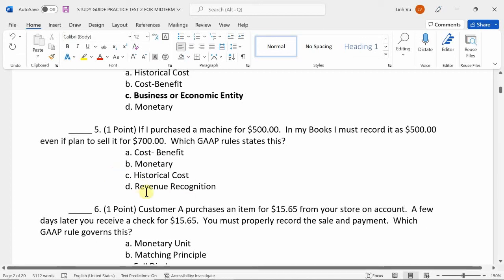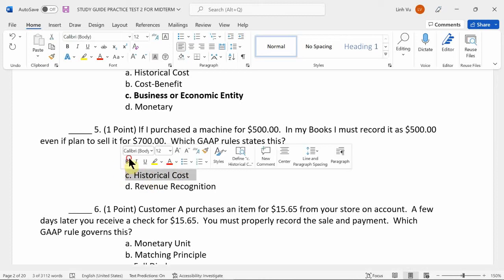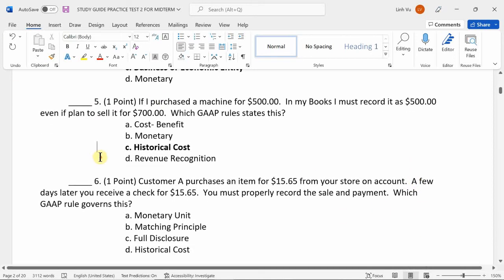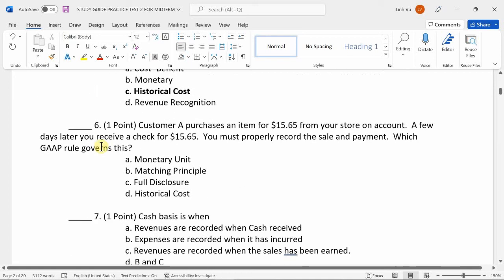You're not recognizing any revenue unless the statement was that you purchased it for $500 and you sold it for $700. Therefore, you recognize that you got a $200 gain. That would be your revenue recognition. Okay? But in this case, this is just a historical cost. It's just telling you that you have to record it at $500.